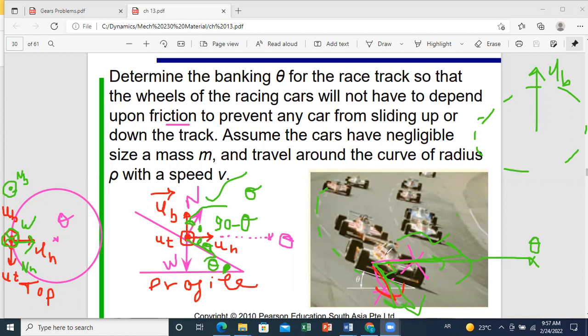But if you observe its motion, it's moving along a horizontal circle. It's not moving along this line. So the center of your circle is not along this direction. If it were, this would mean that you move in an inclined circle, which is not the case. Your Formula car is moving on a horizontal circle. So UN cannot be along the incline. Okay.